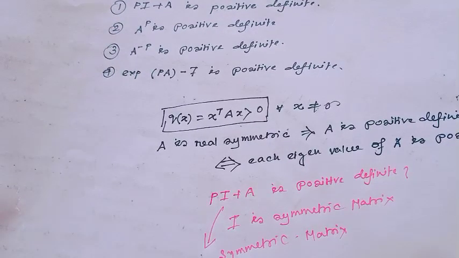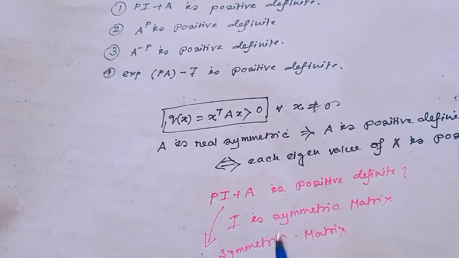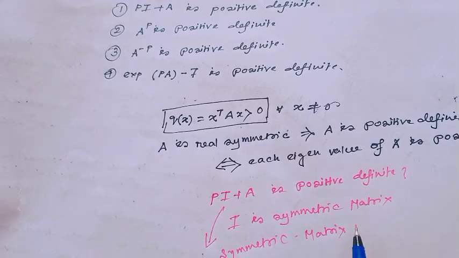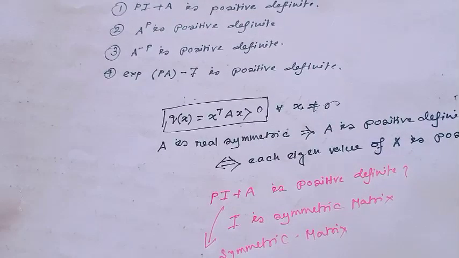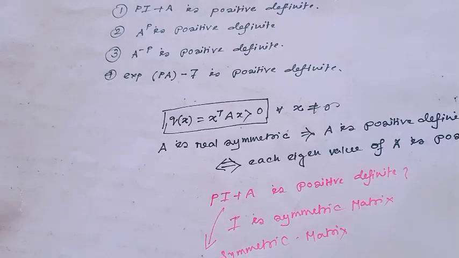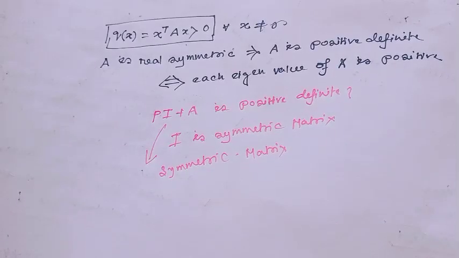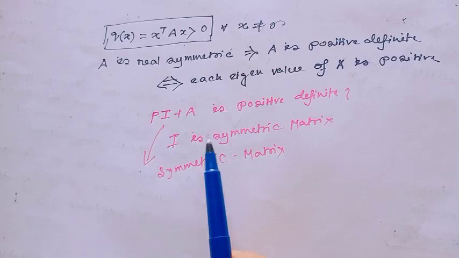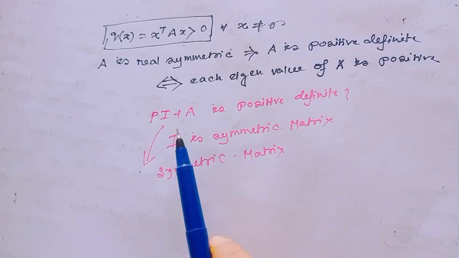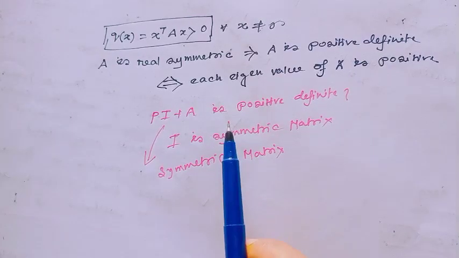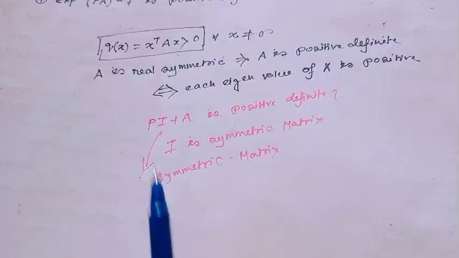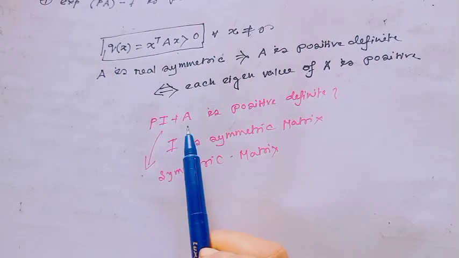For this, since PI plus A is symmetric, we have to find whether each eigenvalue of PI plus A is positive or not. If each eigenvalue of PI plus A is positive, then obviously PI plus A is positive definite. So what would be the eigenvalue of PI plus A?